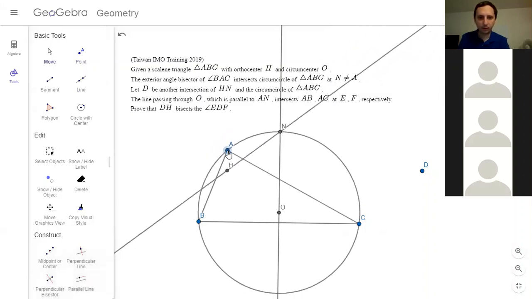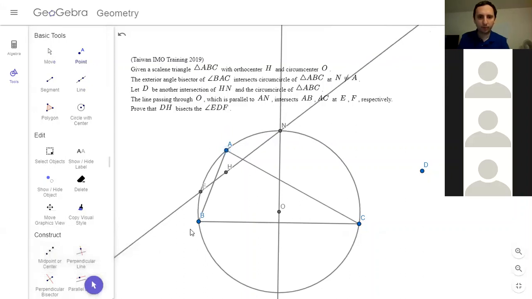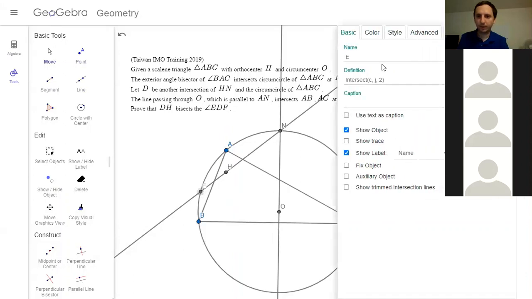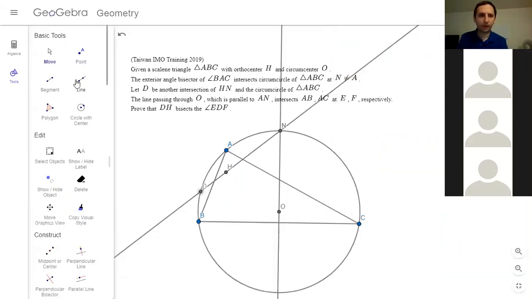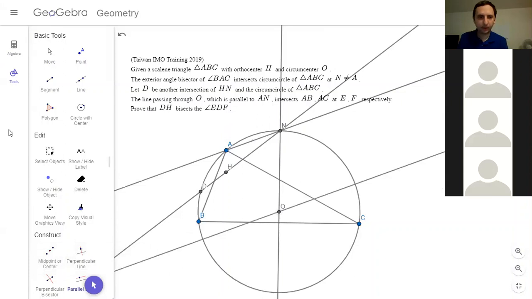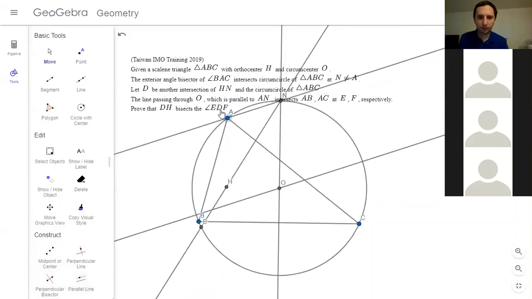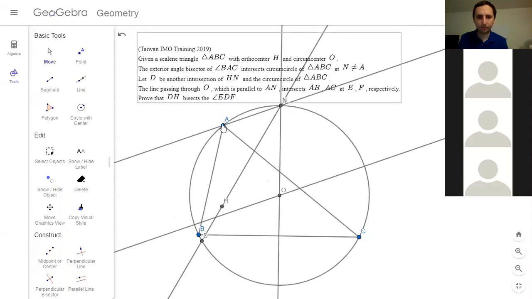All right. And the line passing through O, whoops, sorry. So let's rename this D. And then the line passing through O parallel to AN intersects AB and AC at E and F. So yeah, let me make something more like this.